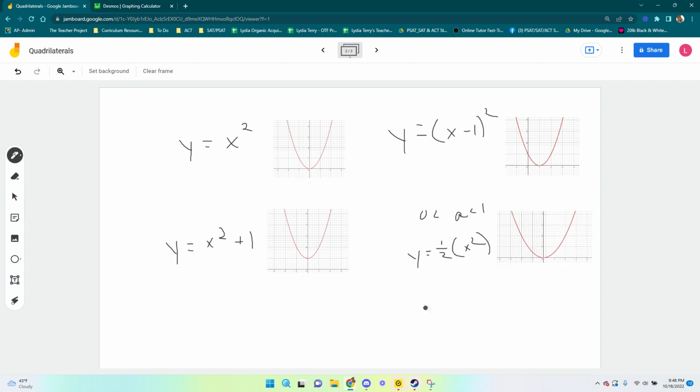Okay, and then if we wanted to make it thinner or taller, again in a given interval, then A is going to be greater than 1.